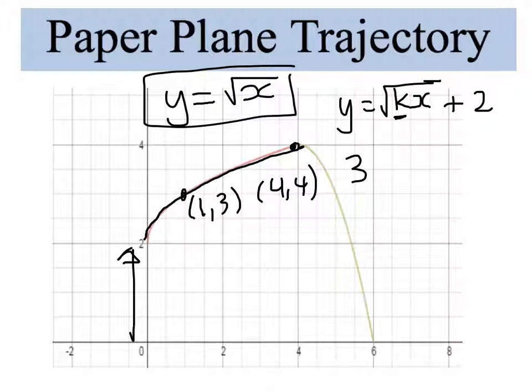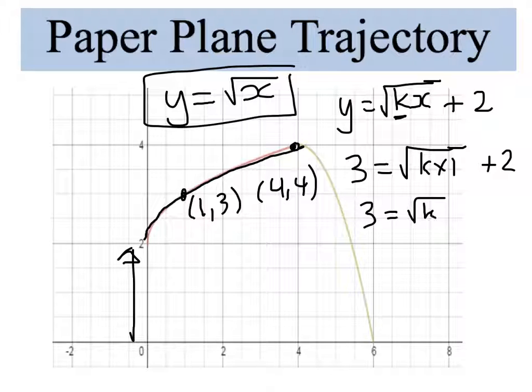We've got 3 is equal to the square root of k times 1, plus 2. So 3 is equal to the square root of k plus 2. 1 is equal to the square root of k. K equals 1.